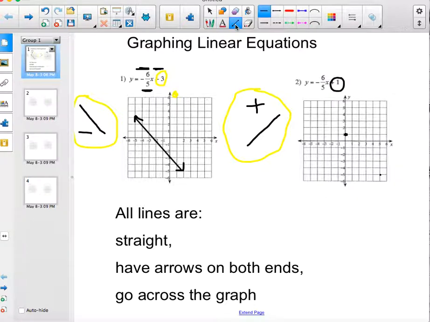Now I can go in and sketch my line from here up. And then draw in the arrows. And I'm done.